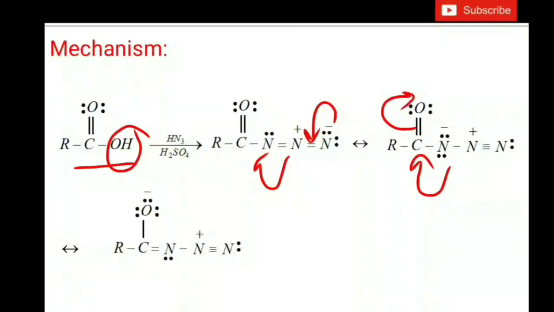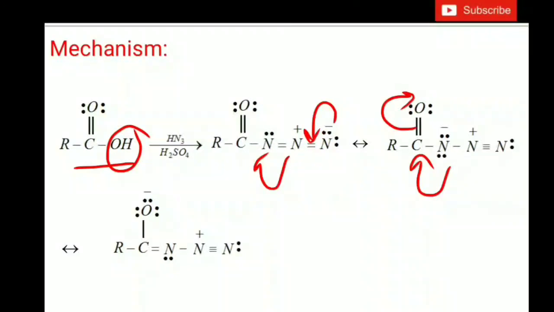Electron pair from nitrogen will come here between carbon and nitrogen and the multiple bond present here will go to oxygen. So due to this you will get a structure, this one. Even in this structure you can see negative charge on oxygen and multiple bond present between carbon and nitrogen, which are in conjugation. So once again there is a possibility of delocalization.